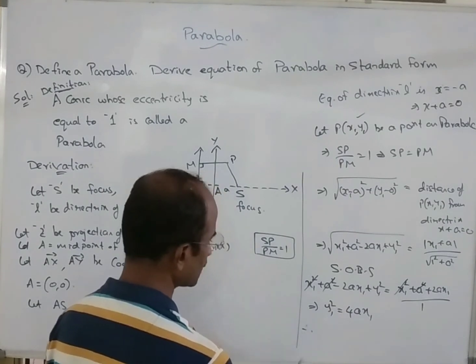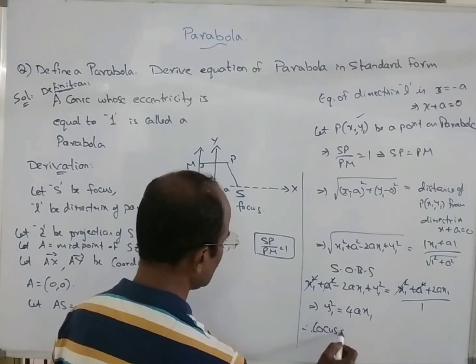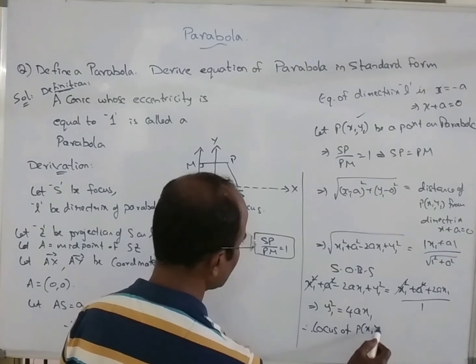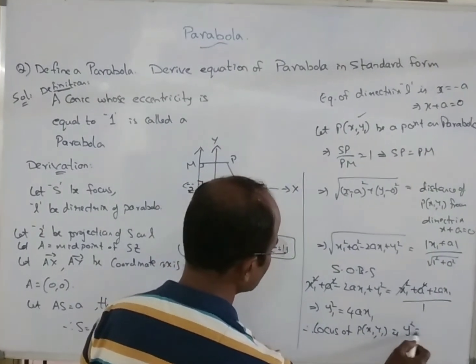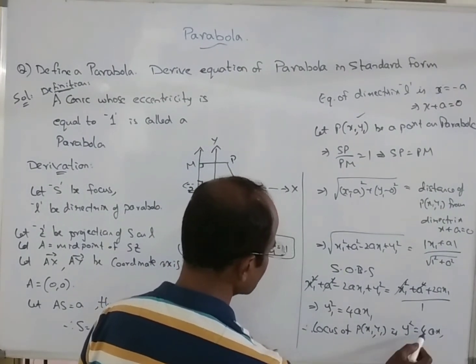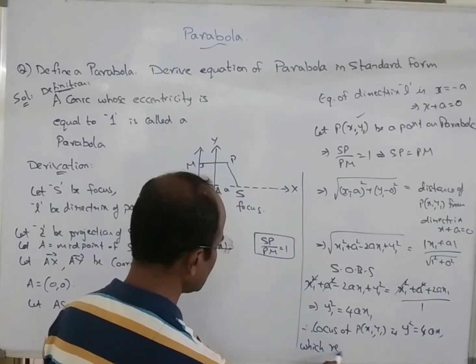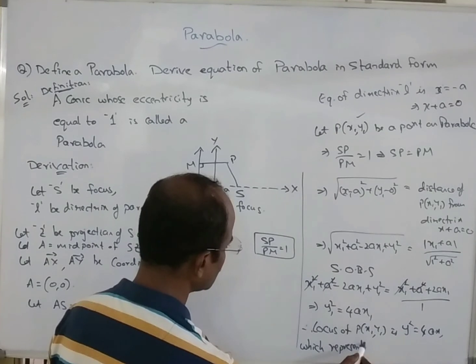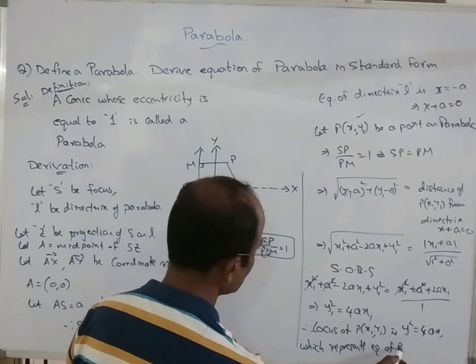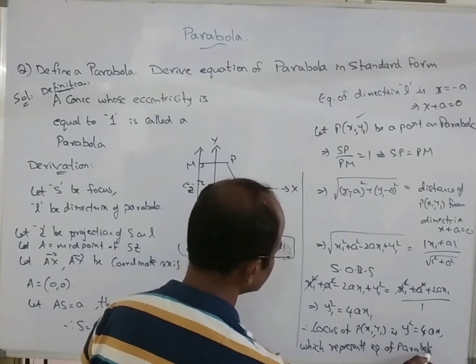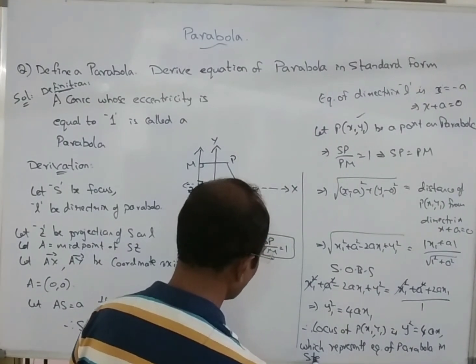This indicates the locus of P. Therefore the locus of P(x1, y1) is y square equal to 4ax, which represents the equation of a parabola in standard form.